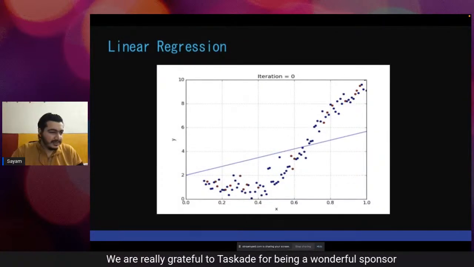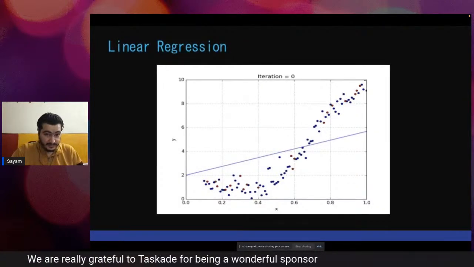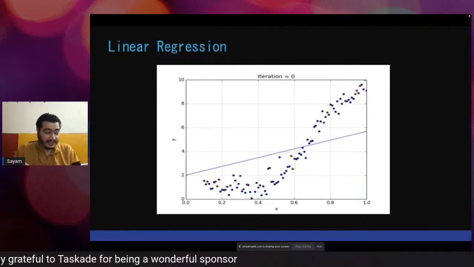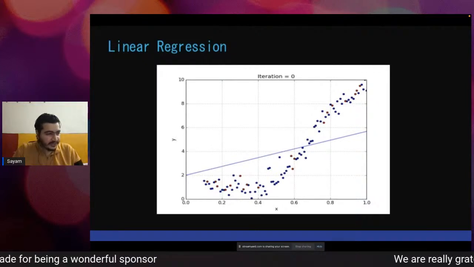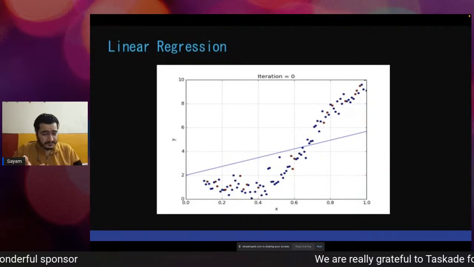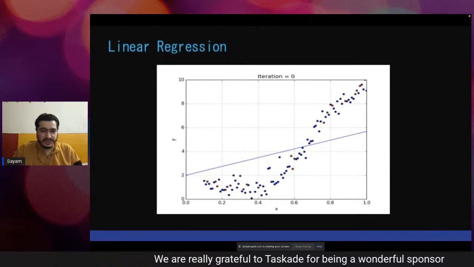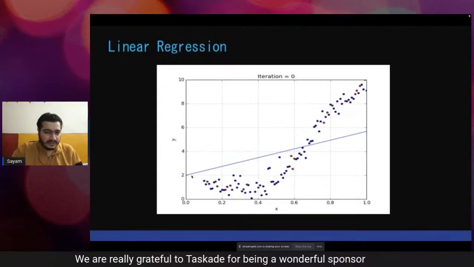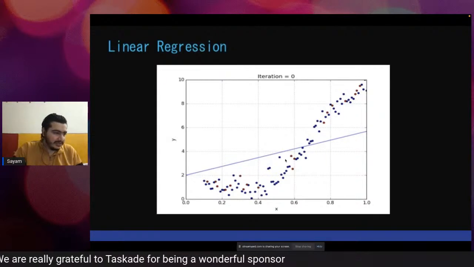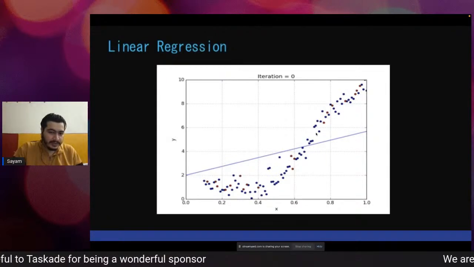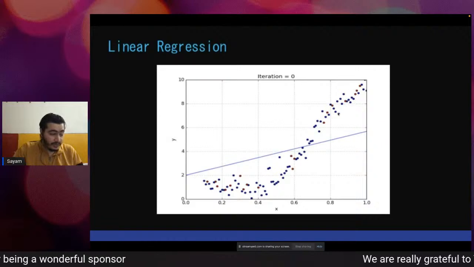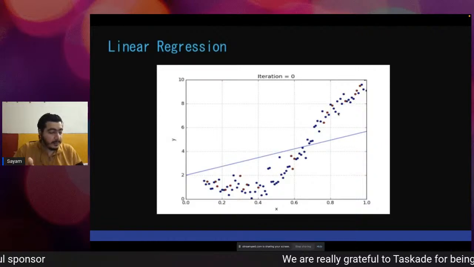But with this slide, what I try to explain is that you have to look at your data before you try to apply any linear regression method. With linear regression you can try to fit a straight line, or you can even try to fit a polynomial equation to this data.